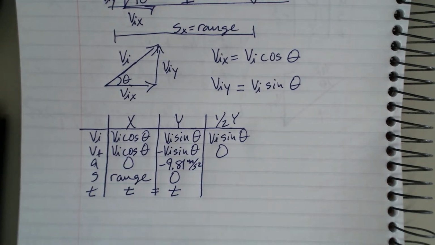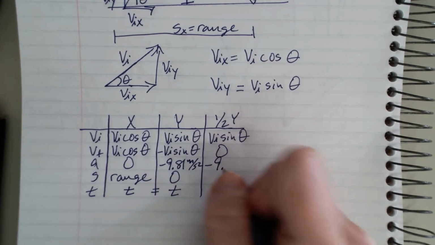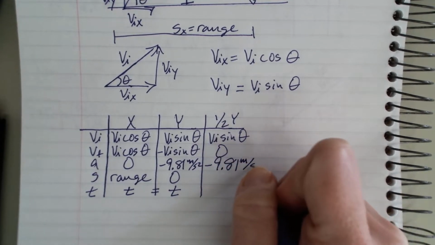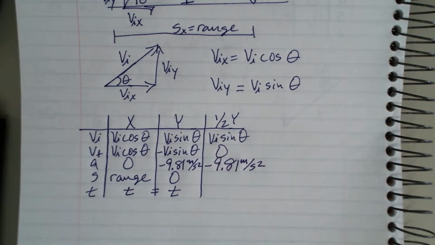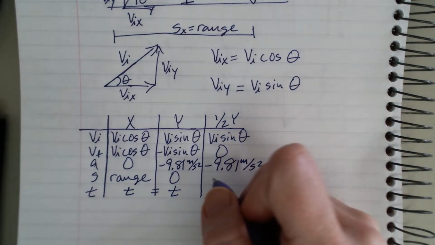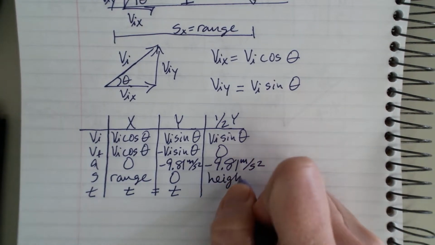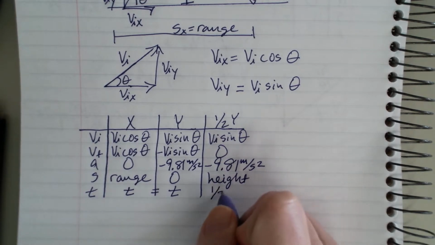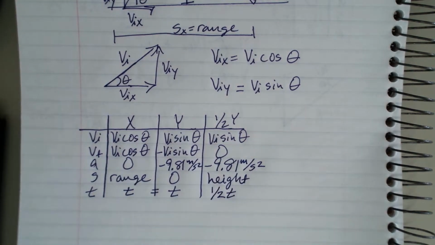It is still negative 9.81. No matter where in the trajectory you are, acceleration due to gravity is 9.81 meters per second squared. The s, the displacement that it goes for that halfway point, that will be your height. And this will take half of the time it took to go x or y. So this is half t. The half y will give you half the time, but it will give you the total height, the max height.